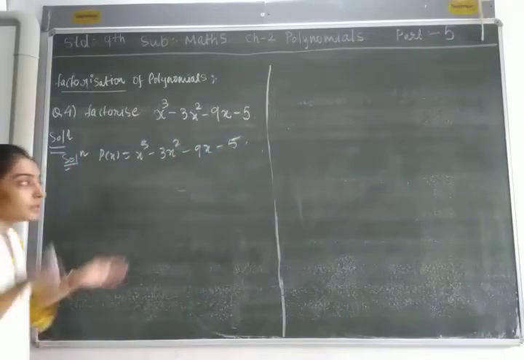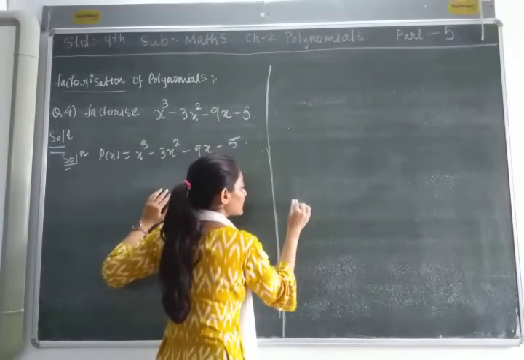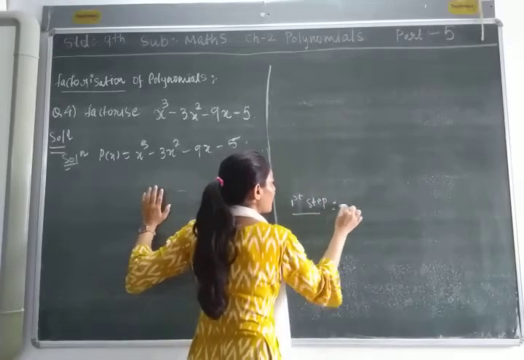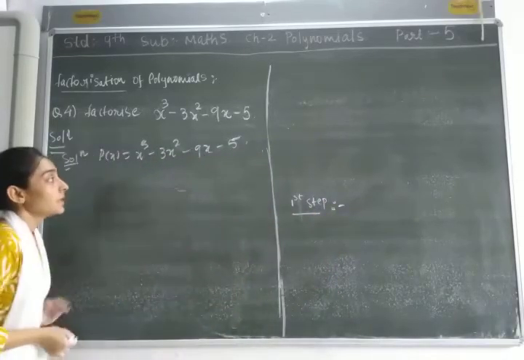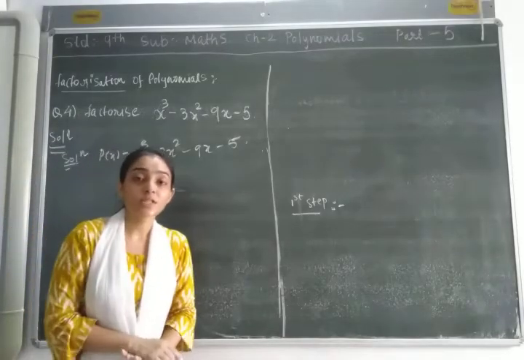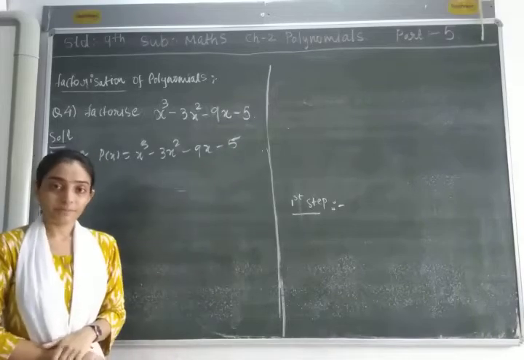Now the first step. First step says, take the prime factors of my constant term. What is my constant term over here? It is 5.